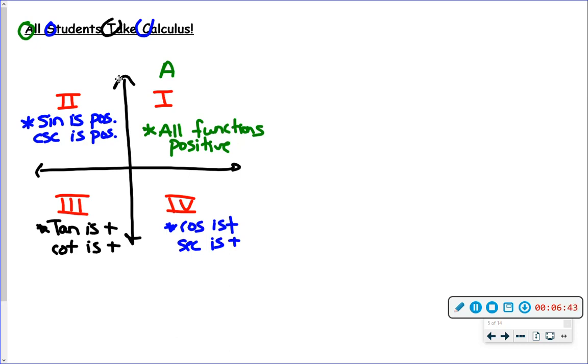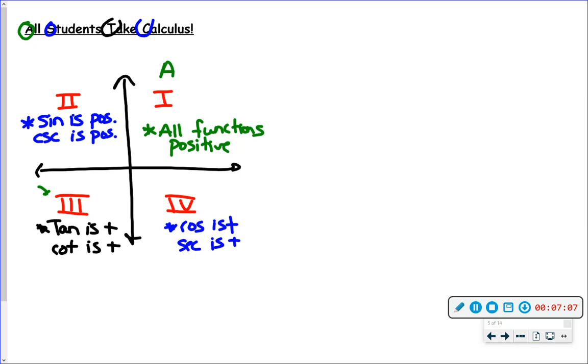So let's talk about negatives, though. Let's talk about cosine. Let's say you know cosine is positive in 1 and 4. That means cosine would be negative in 2 and 3. The opposite quadrants. So that's how you can figure out the negatives. So let me just erase these little green stars.